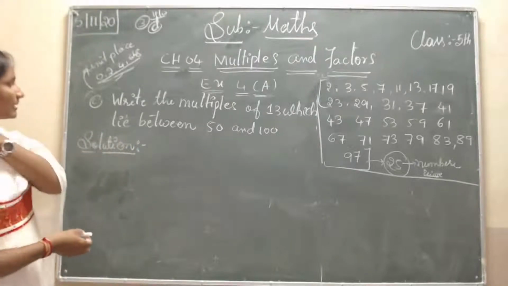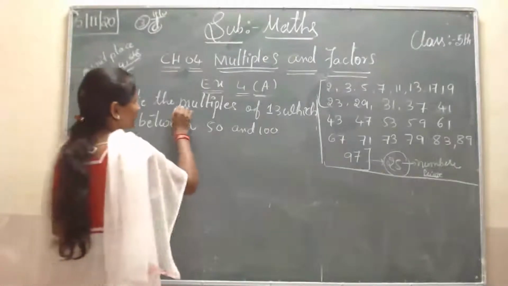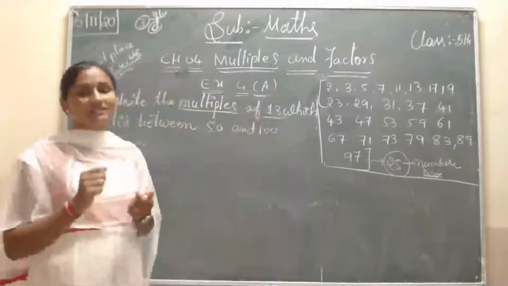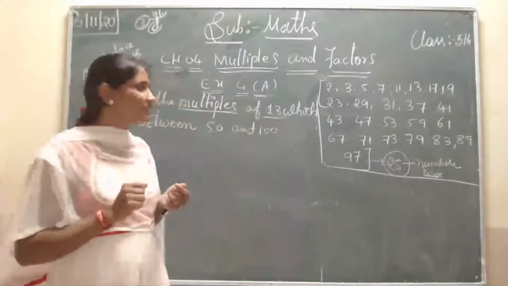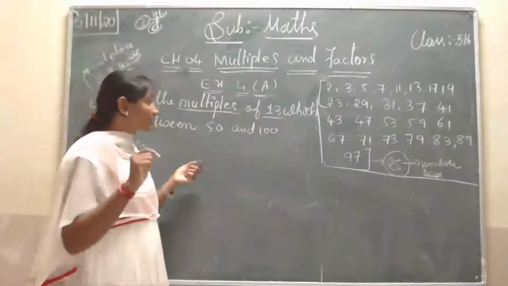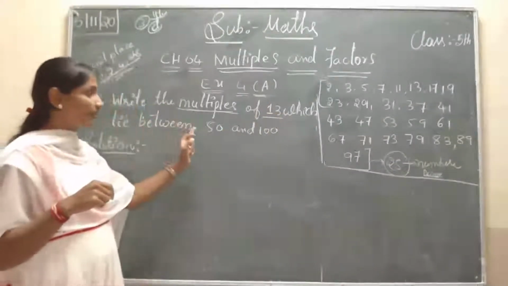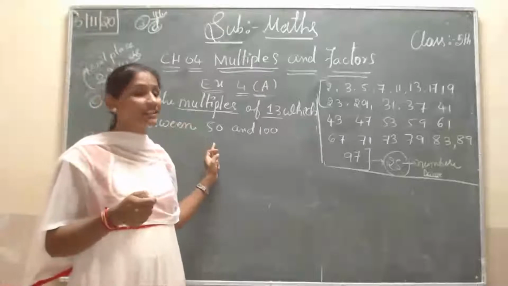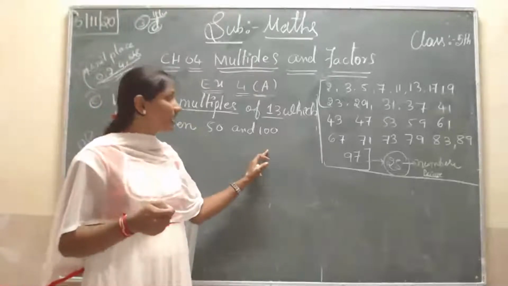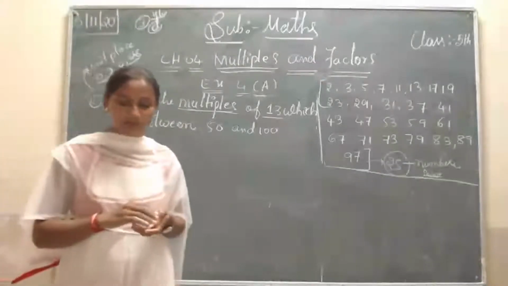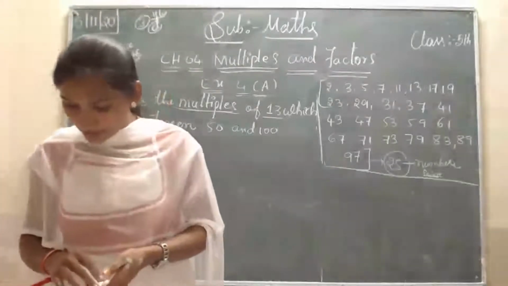Students, just write the multiples. Write the multiples of 13. After that, the question says which lie between, so you just have to consider the numbers between 50 and 100. So first you have to write the table, students.